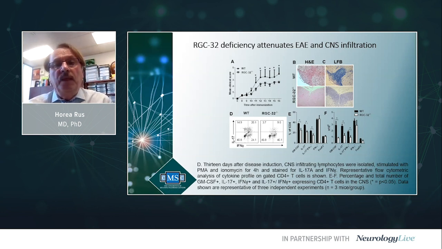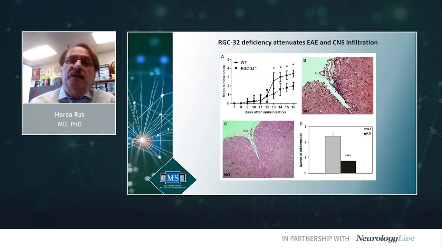When we took out the cells from there, we saw significantly fewer Th17 cells, and this reduced infiltration is also confirmed by data in this next slide, which shows significantly less inflammation on the histological slide in the knockout mouse compared with the wild type.